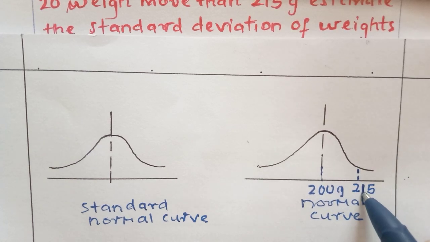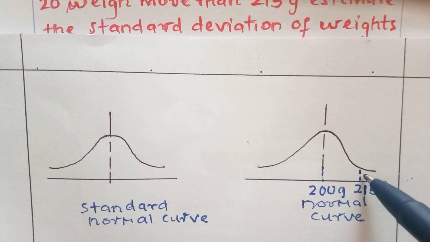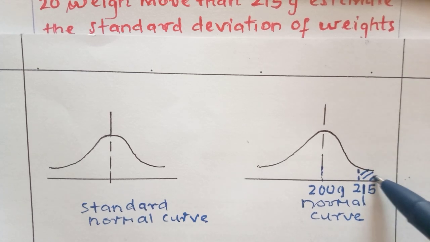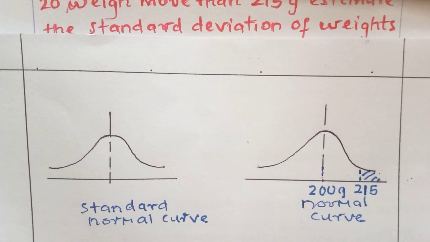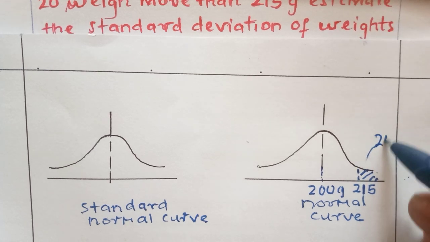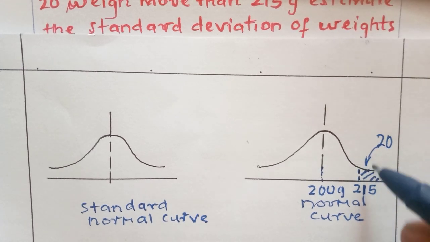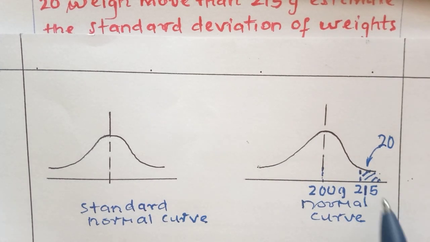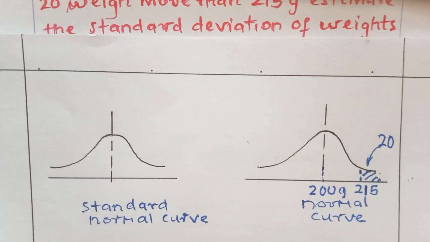Let's say this is 215, we have 20 rollers at that point, those that weigh more than 215. Then the question asks us to estimate the standard deviation of the weights.